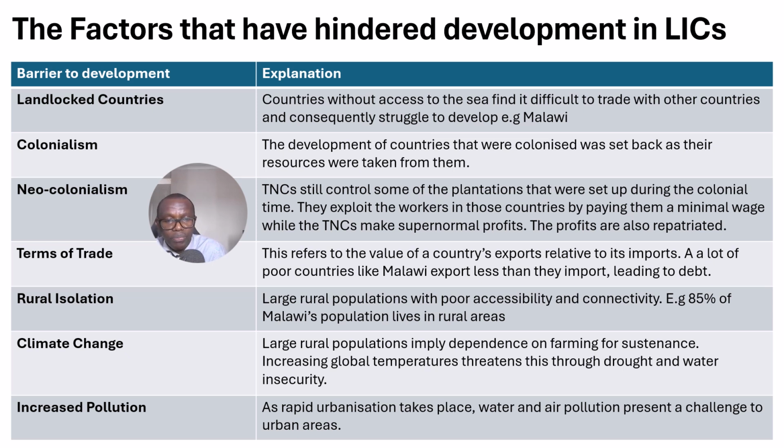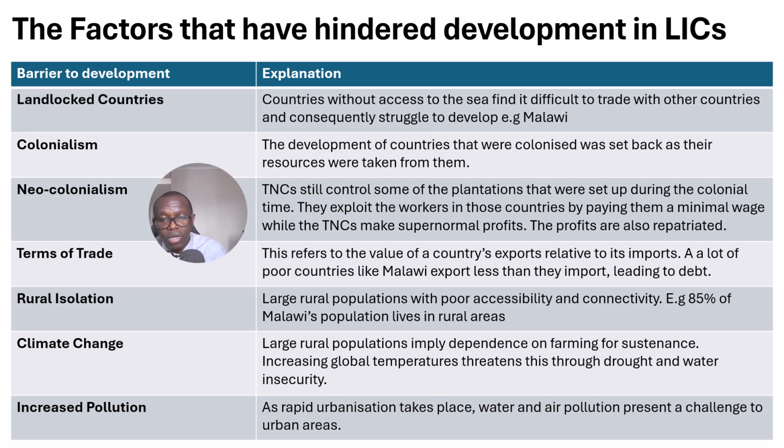Then the next barrier to development is neocolonialism. Now, this is normally linked to transnational corporations or TNCs. And in a lot of the poorer countries, the LICs, TNCs still control and own the plantations that were set up during colonial times. And these plantations do not give the people who work in them fair compensation in terms of wages and income.